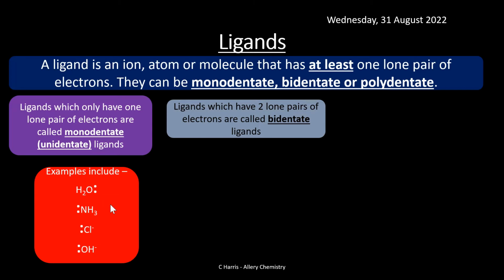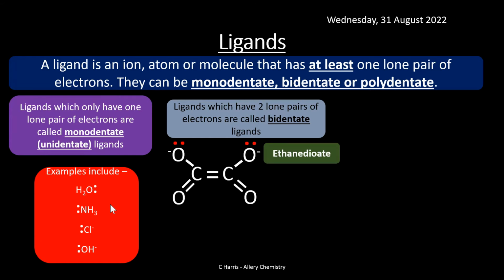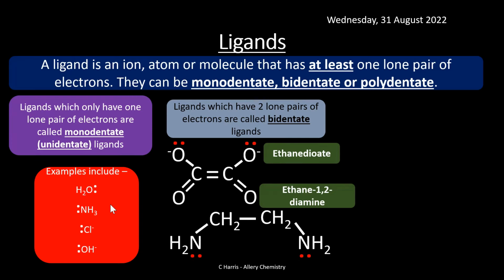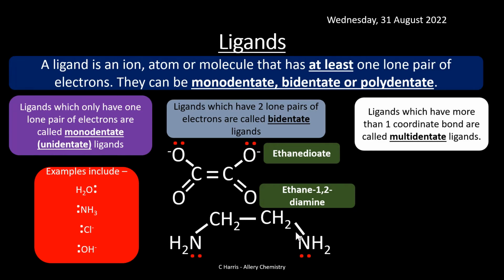Ligands which have 2 lone pairs of electrons are called bidentate ligands. Specific ones you need to know, which you've seen earlier in this video, are the ethanedioate ion, which has 2 lone pairs, and ethane-1,2-diamine, which is this bit here. So basically it's an amine with a lone pair of electrons, but it's a diamine. And then ligands which have more than one coordinate bond are called multidentate ligands.